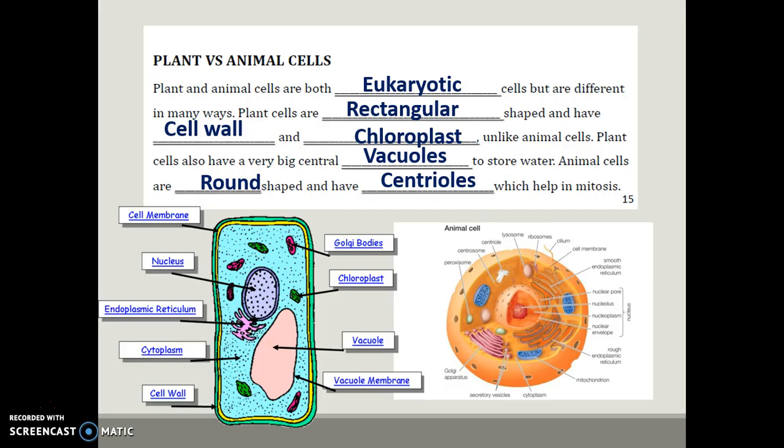We don't need them. Plant cells also have a very big central vacuole. Look how large this vacuole is here. It's huge, it's ginormous. And we know that plants need that because they need to be able to store a great deal of water. We don't need to store as much water as plant cells. Animal cells are round shaped, and we have centrioles, which help with mitosis. So as you can see right here, it's circular. We don't have a cell wall. We're lacking some of the things that the plant cell has.